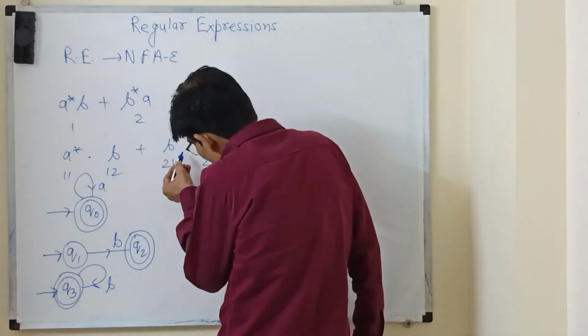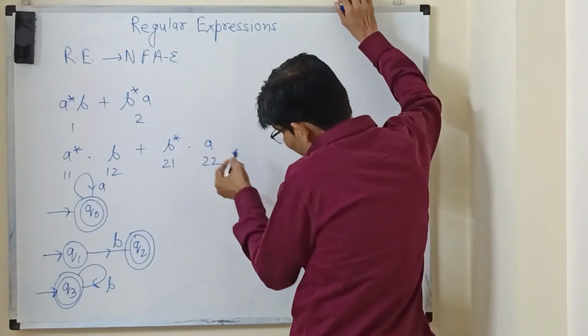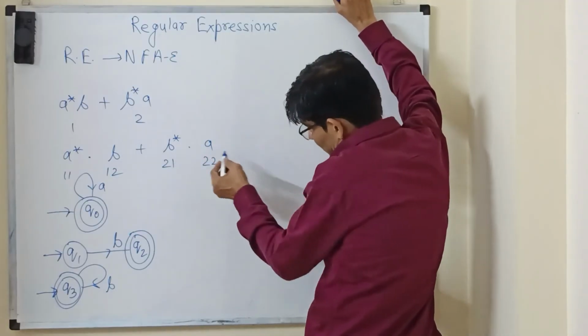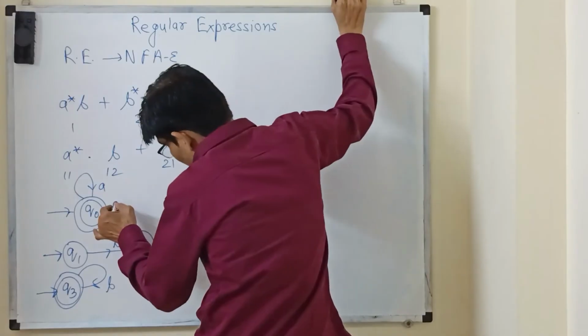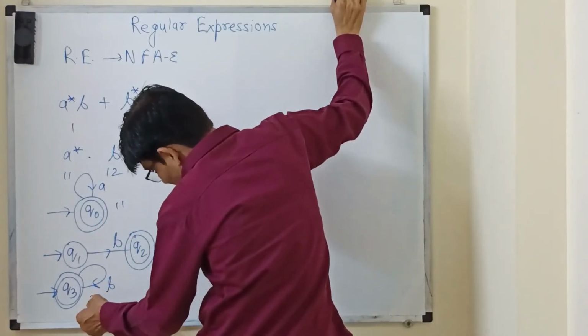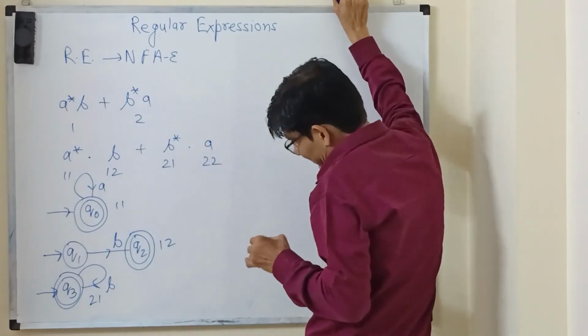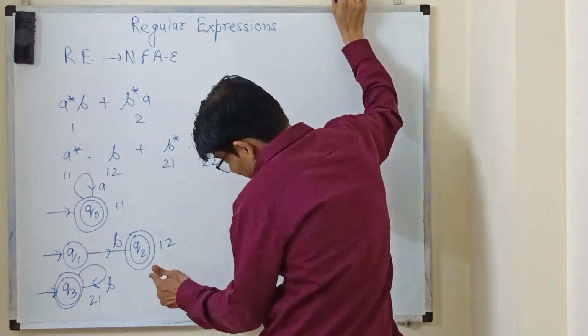Now for this particular part we can create a machine again. This is for 1 1, this is for 1 2, this is for 2 1, and for the 2 2 part we can again create one machine like this.